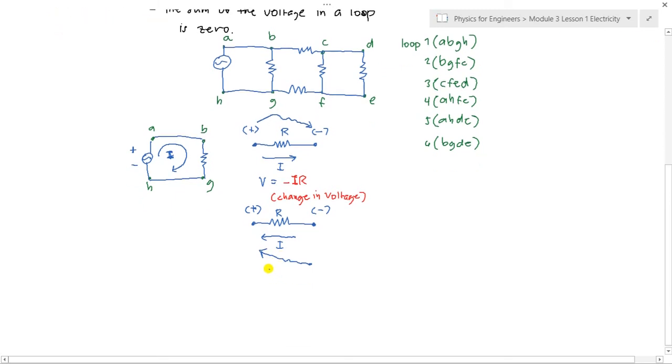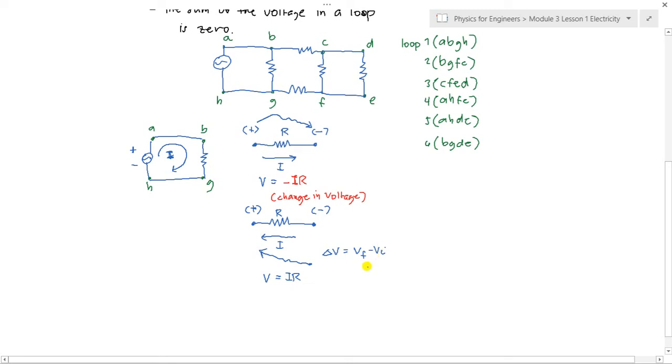So the change in voltage here is already positive. Therefore, our voltage is now equal to positive IR, not negative IR, because the change here is from lower potential to higher, meaning the voltage rises, unlike here where the voltage drops. So the change in voltage, delta V, is equal to final minus initial. Take note of the sign convention.